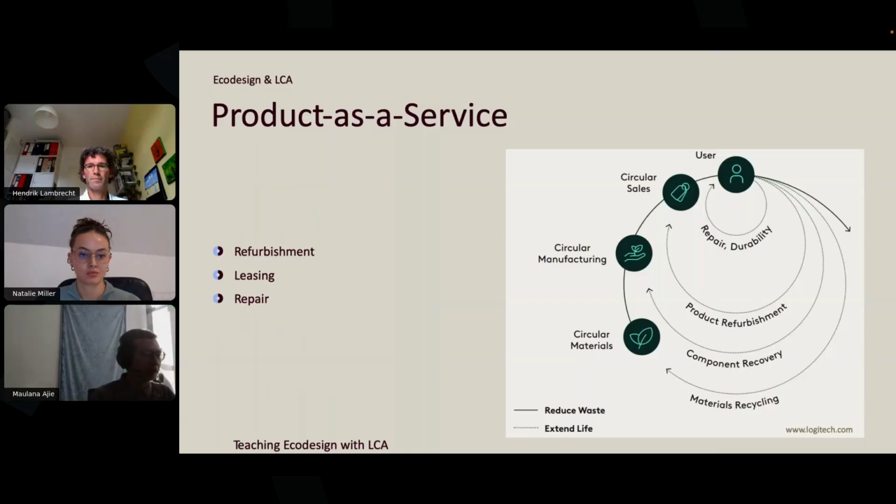And this doesn't always mean that we are buying a new product, but we might use, for instance, a leased product or a refurbished product, because at the end of the day, we don't want to quantify a piece of laptop, for instance, but we want to quantify the use of laptop for working. And this means then that we don't always need to buy a new laptop, but we can use a refurbed laptop, a leased laptop, or a repaired laptop.